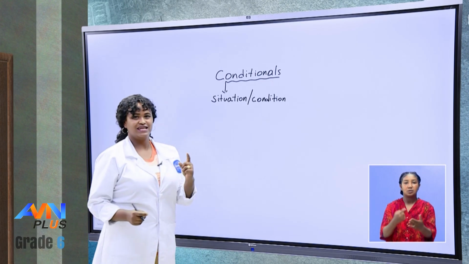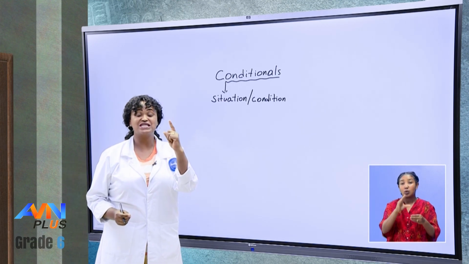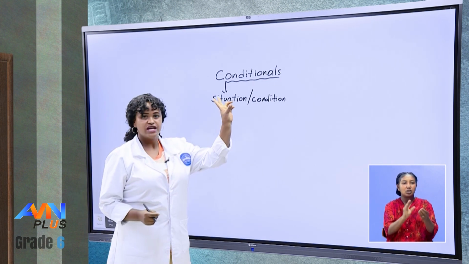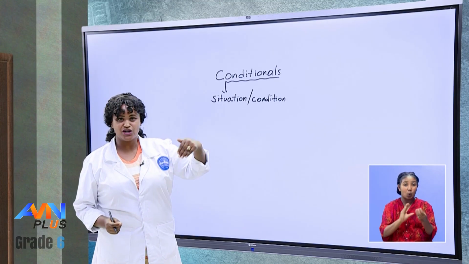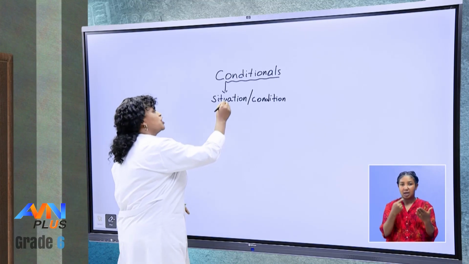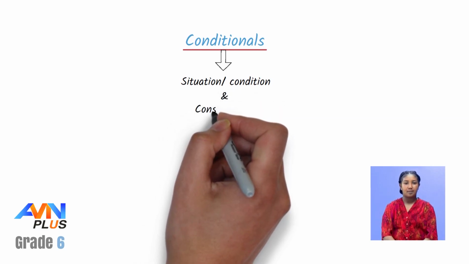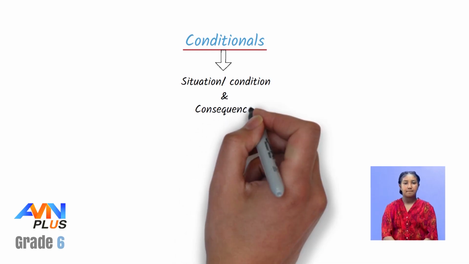This is one, yes? And in the case of conditionals, when you talk about the grammatical form of conditionals, there is a situation or a condition, and after a situation and a condition, there follows a consequence. All right?